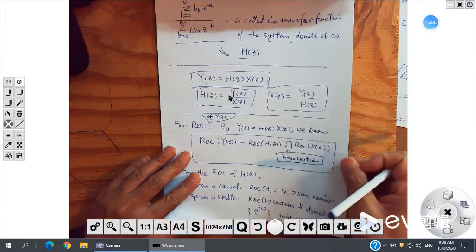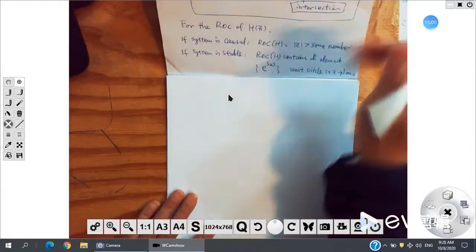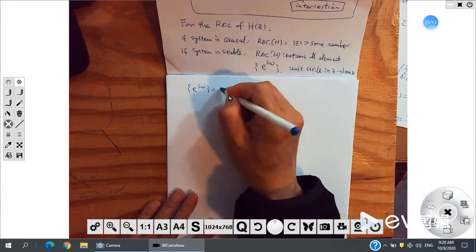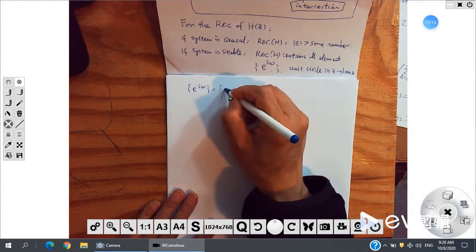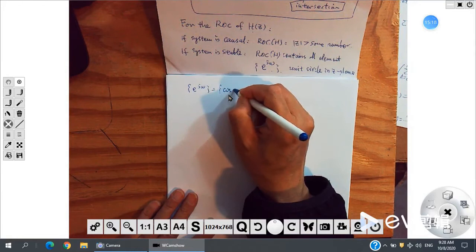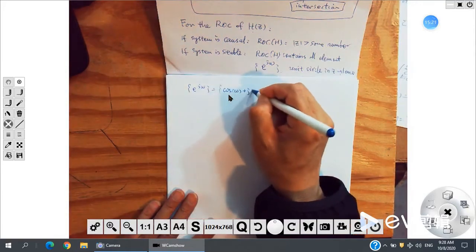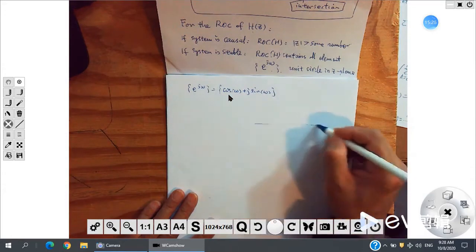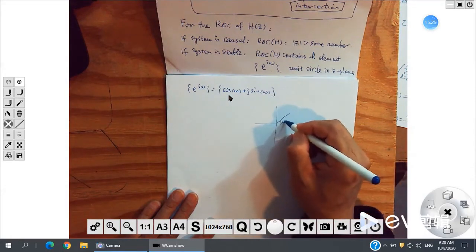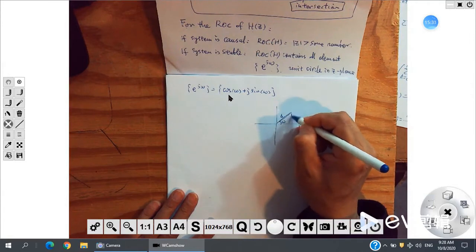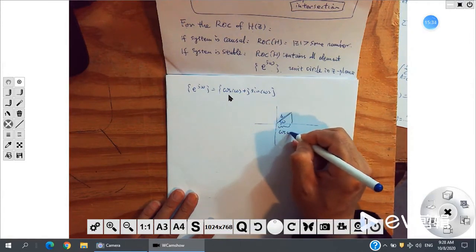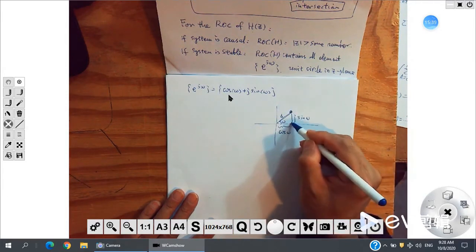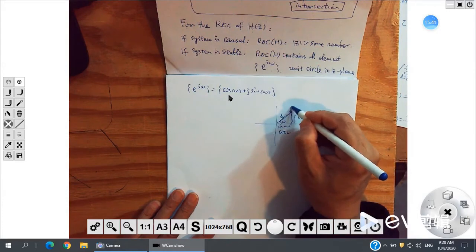What is e to the j omega? We know this is cosine of omega plus j sine of omega. You choose omega; the length is 1, this part is cosine omega, this part is sine omega, and this point is cosine omega plus j sine omega. So this is e to the j omega.